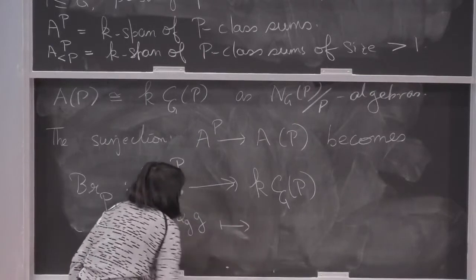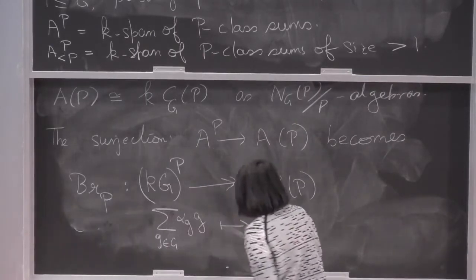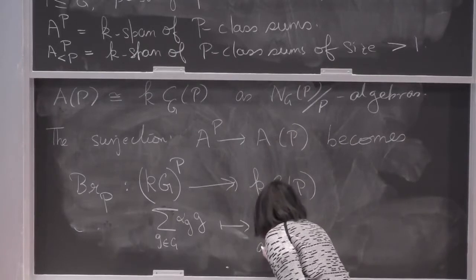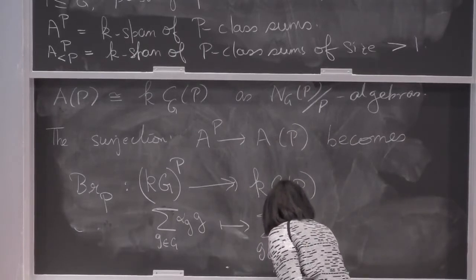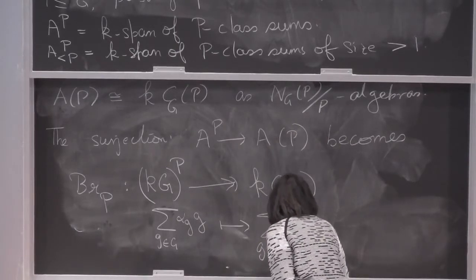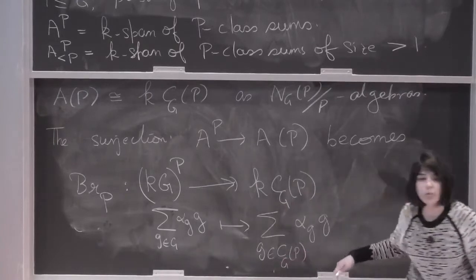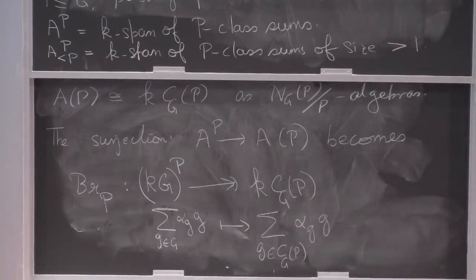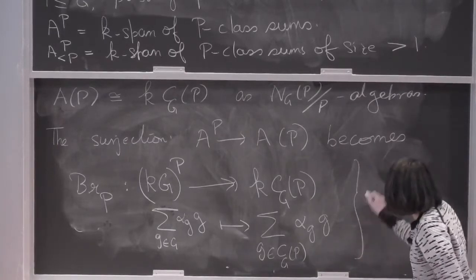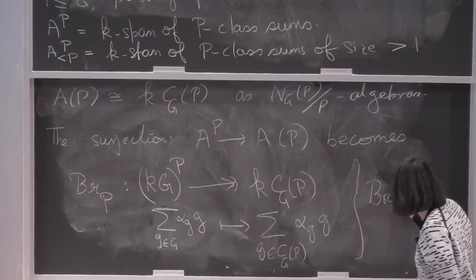And what does the Brauer homomorphism do to that? You just do the most easy-minded thing. You just chuck away everything that's outside the centralizer. And this is called the Brauer homomorphism.